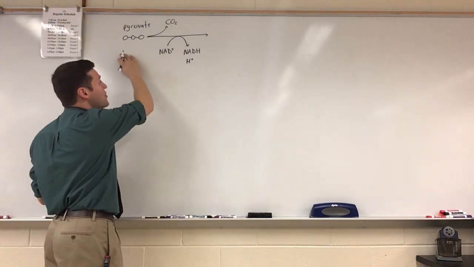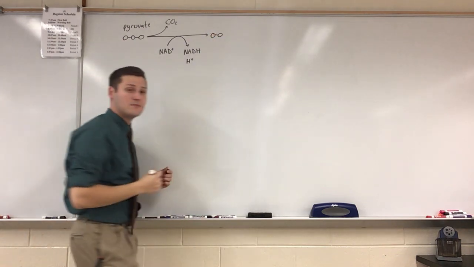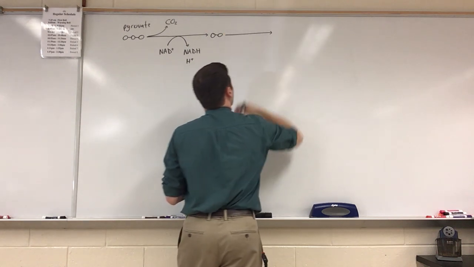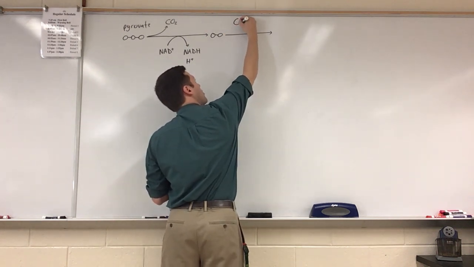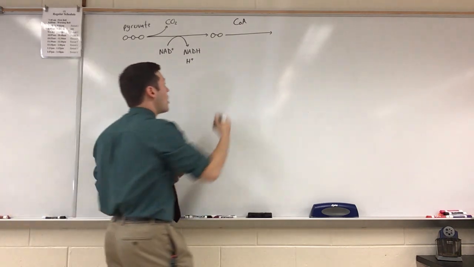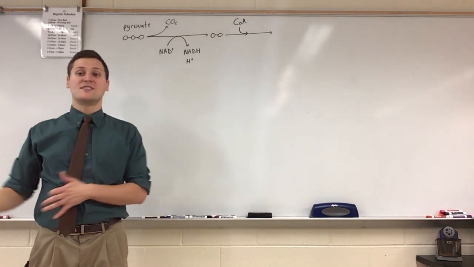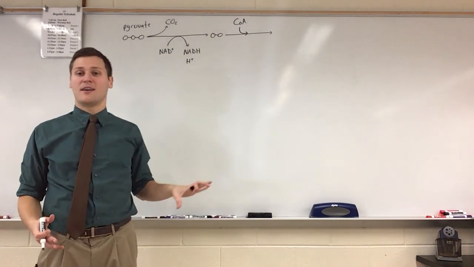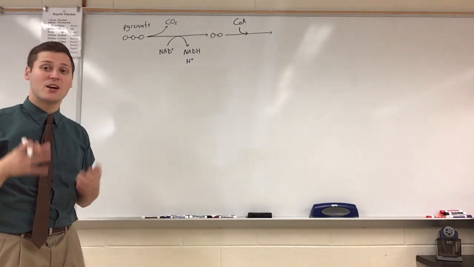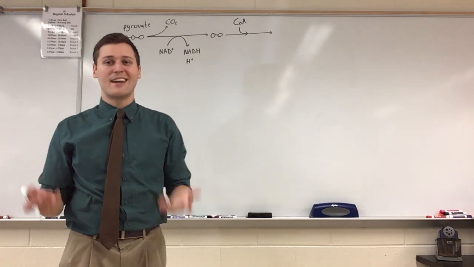So at the end of this process, we have a 2-carbon intermediate, and then shortly after, we have this thing called CoA, or coenzyme A. With the help of an enzyme, this whole process is enzymatically catalyzed, so every single step that we talk about here uses an enzyme. We just won't talk about those enzymes in any detail.